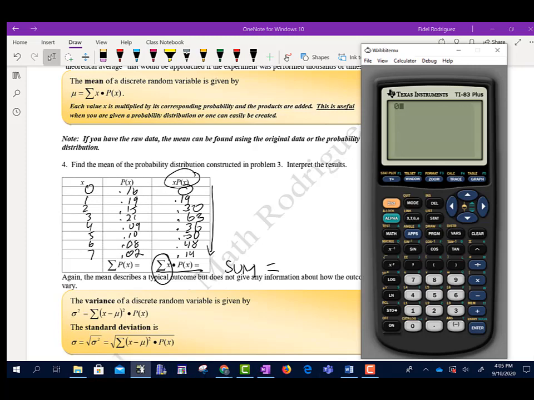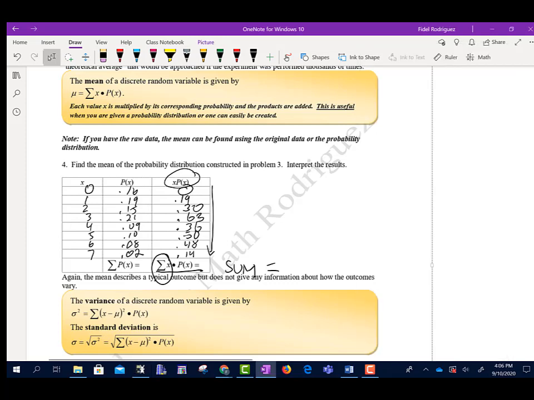So we can add 0 plus 0.19 plus 0.30 plus 0.63 plus 0.36 plus 0.50 plus 0.48 plus 0.14, and I am coming up with 2.6. Okay, so let me write that down here.